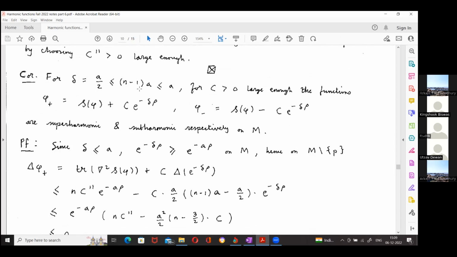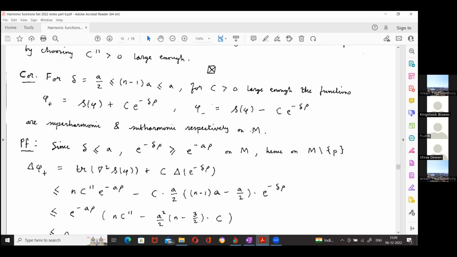Okay, there's a typo here. This should be a here and this should be (n minus 1)a on the right hand side. These two should be interchanged. So if I take delta to be a over 2, then if c is a large enough constant, the functions phi plus, which is S phi plus c times e to the minus delta rho, and phi minus, which is S phi minus c times e to the minus delta rho, are going to be superharmonic and subharmonic respectively on M.